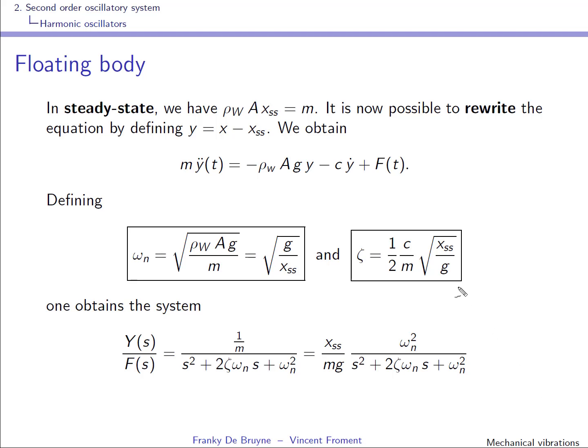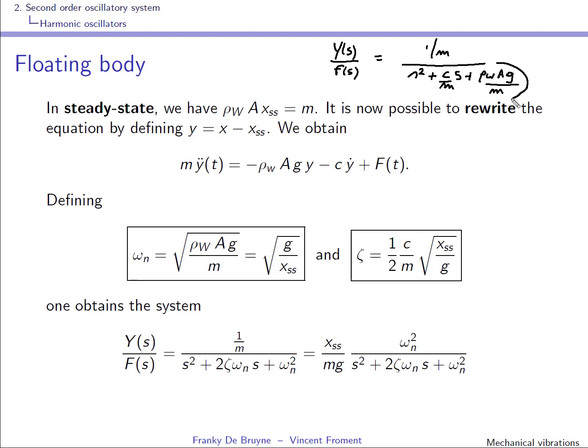If we go again to the Laplace domain, you can write things like this. I divide by m, so I'll have 1 over m s squared plus c over m s plus the stiffness over m. Forgot to write my s over here.